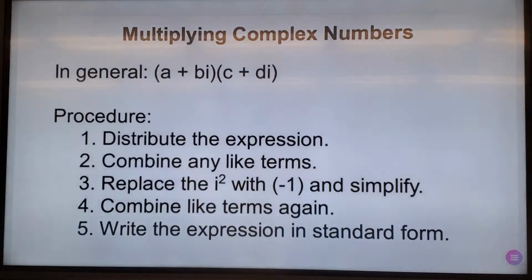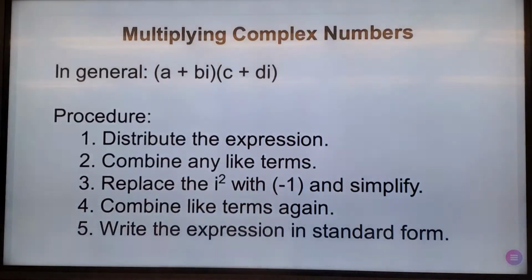Next page here, this is a little bit different, so make sure you pay attention to this. There's one step in particular that is a little bit skewed from what we did for the bell work for multiplying polynomials. In general here we have the quantity A plus BI times the quantity C plus DI. The procedure is we're going to distribute the expression, again similar to what we did before.